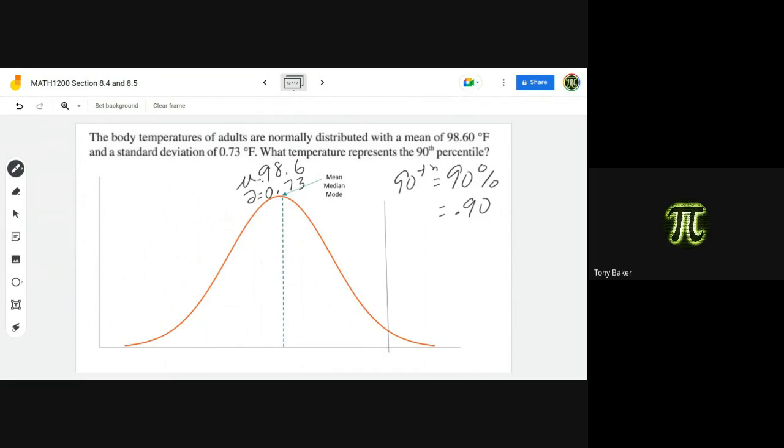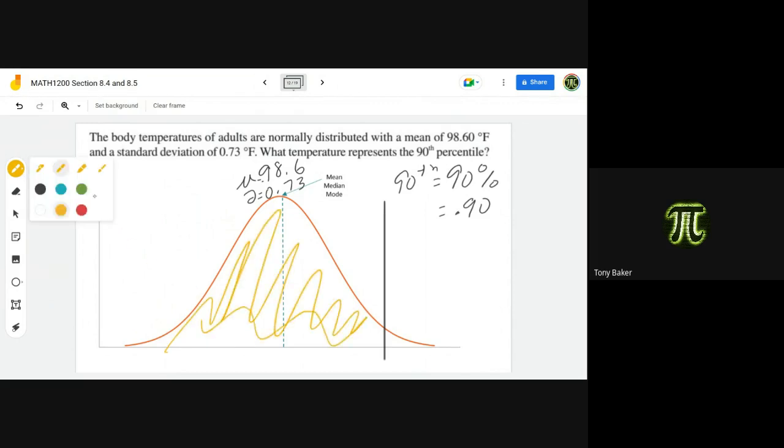So I'm looking at a bar that's somewhere over here. And this whole section in here is 0.9000. That's the information they gave me. And I want to know what X is.